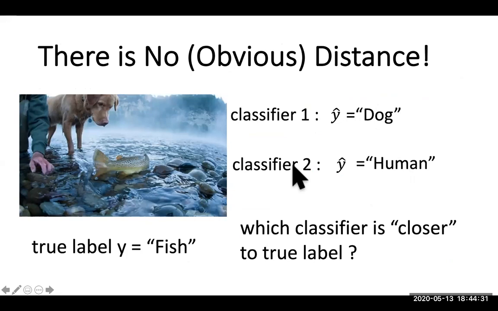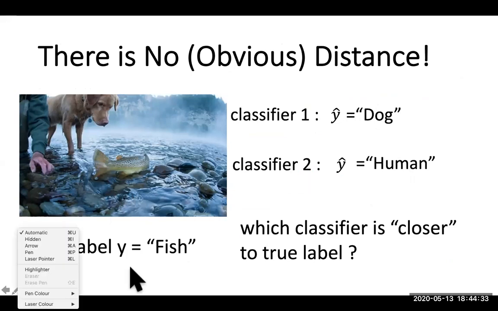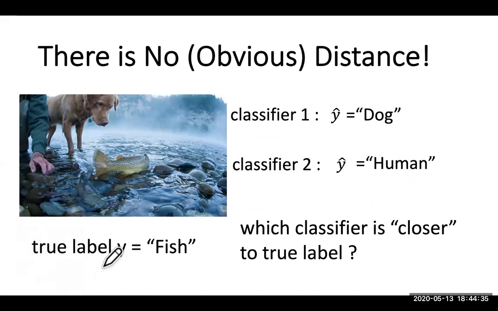A standard strategy is called one versus all, or one versus the rest. The idea is to break down a multi-class problem into several binary classification problems. And the idea is quite simple and is as follows.